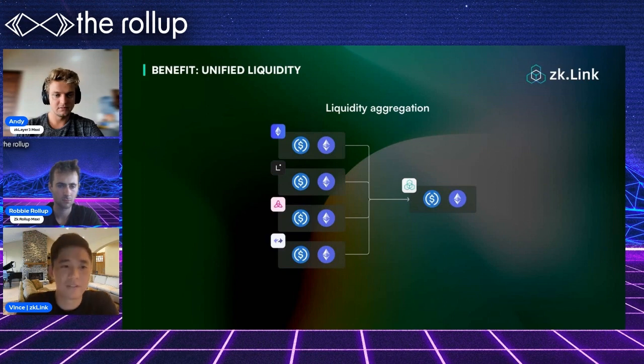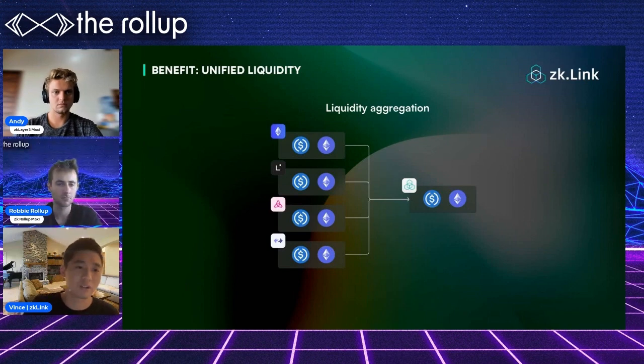Thank you for your question, Andy. This is a great question. So to answer your question first, the liquidity aggregation has nothing to do with the tech stack, because the tokens they have, like in ERC20, are similar, so they are all the same token. So the Ethereum on Taiko, on Linea, on zkSync, on Starknet, they are all deposited Ethereum from Ethereum. They are not issued on these layer 2s. They're not a native token on these chains.